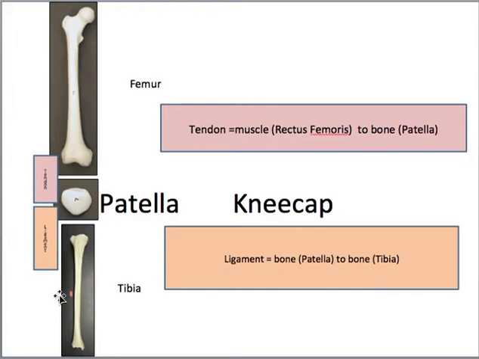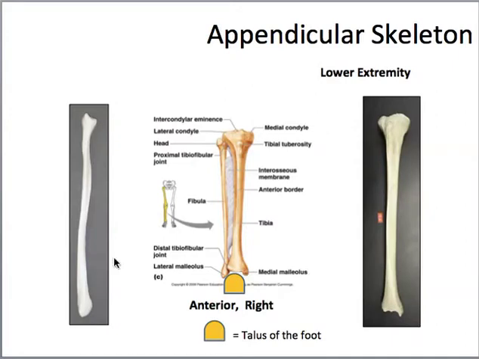Okay, moving down, we can look at the bones of the lower limbs. The easiest way to distinguish these two bones apart is to understand which of these bears weight and which of these is basically a lateral stabilizer.